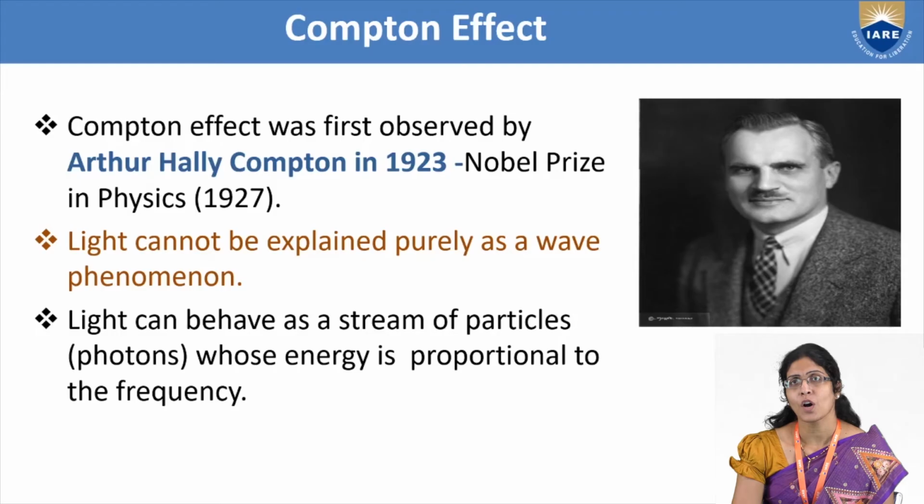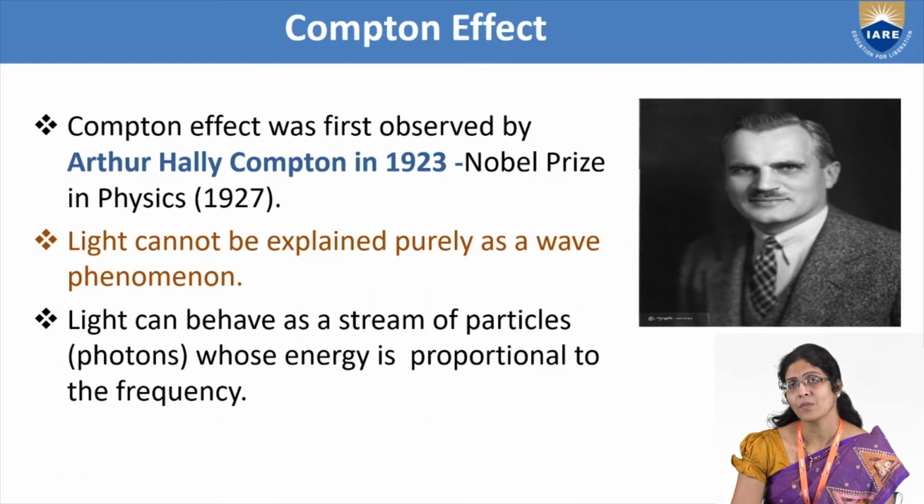Now let us look into what is Compton effect. Compton effect was first observed by Arthur Holly Compton in 1923, for which he was awarded the Nobel Prize in Physics in 1927. This discovery was of immense importance because he could explain that light cannot be seen purely as a wave phenomenon.